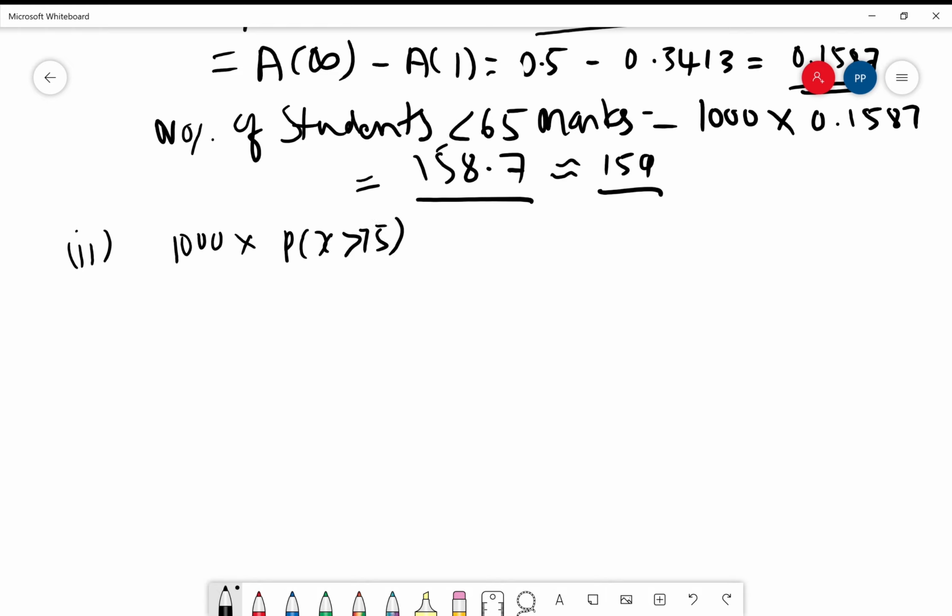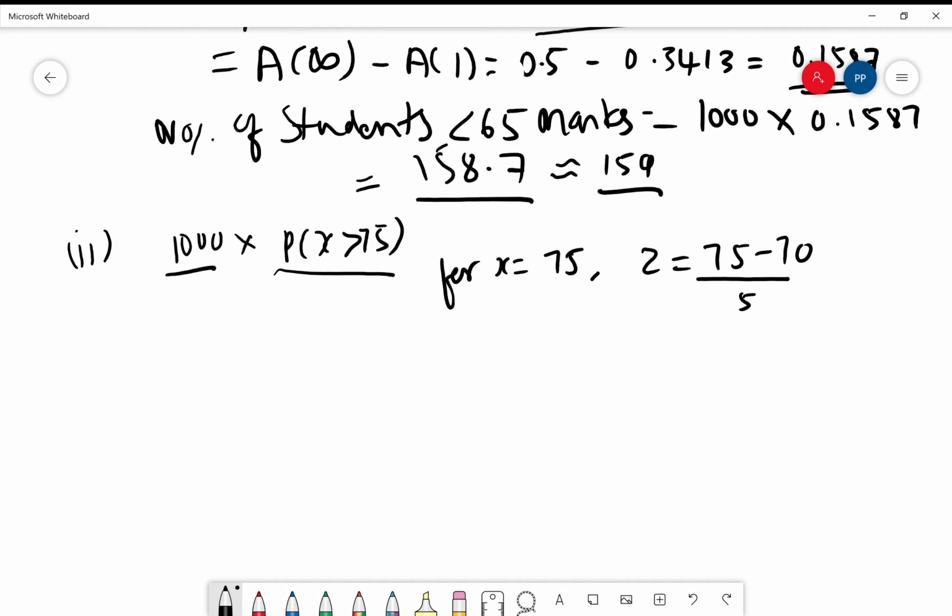So this is the total number of students. This is the probability that a student is scoring greater than 75. Or like the previous case, you can find this separately, then multiply by 1000. Now, for x equals 75, z equals (75 minus 70) by 5, which you are getting 1.